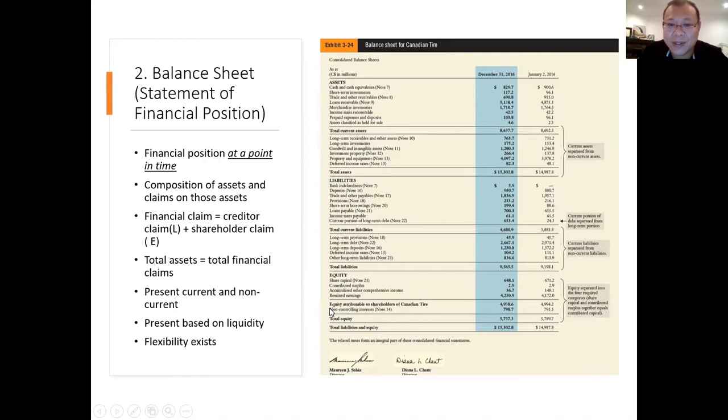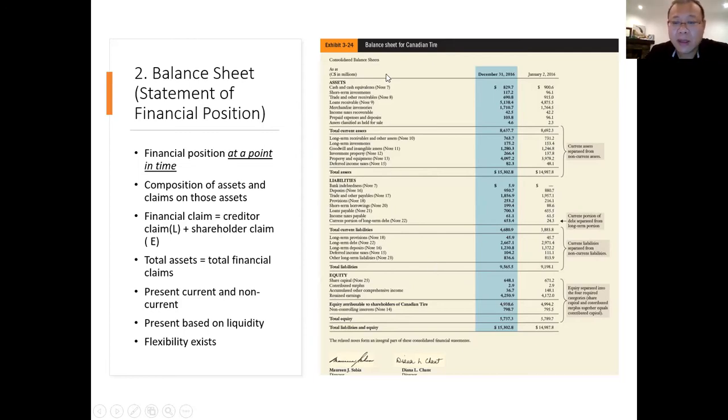These are just different terms. You have a bunch of resources, the assets, which are partly due to the creditors and partly due to the owners. And make sure you present current versus non-current: current assets, long-term assets, current liabilities, long-term liabilities.